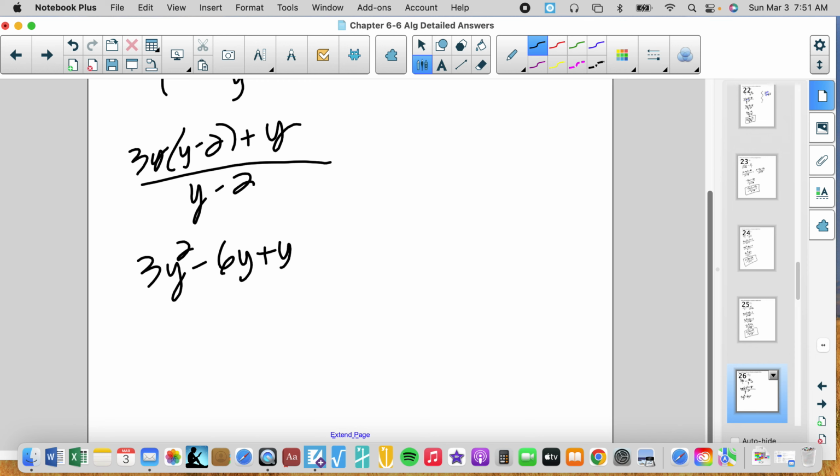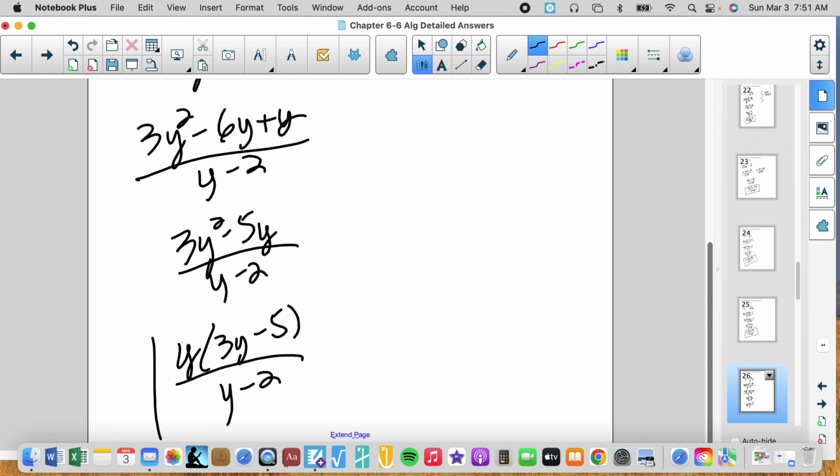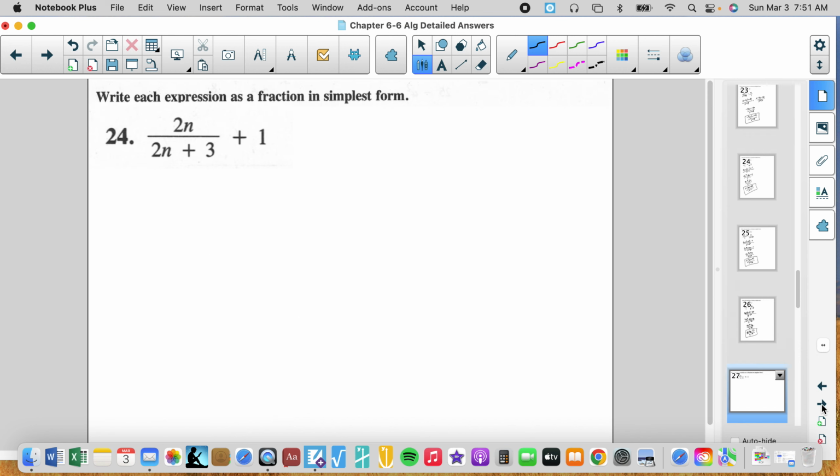It's actually good for you to start seeing the patterns. 3y squared minus 5y over y minus 2. You want to be able to recognize what you need to do in each problem. That recognition through repetition provides you a stable foundation.